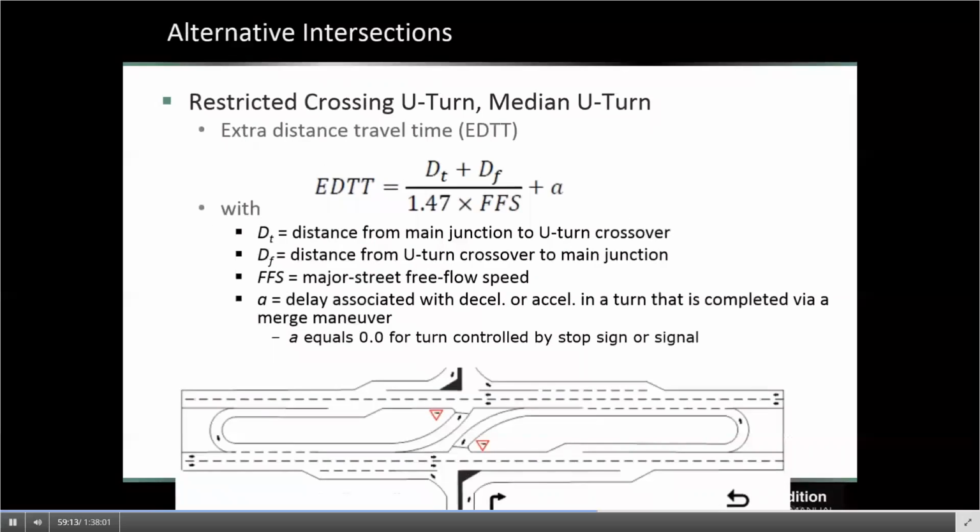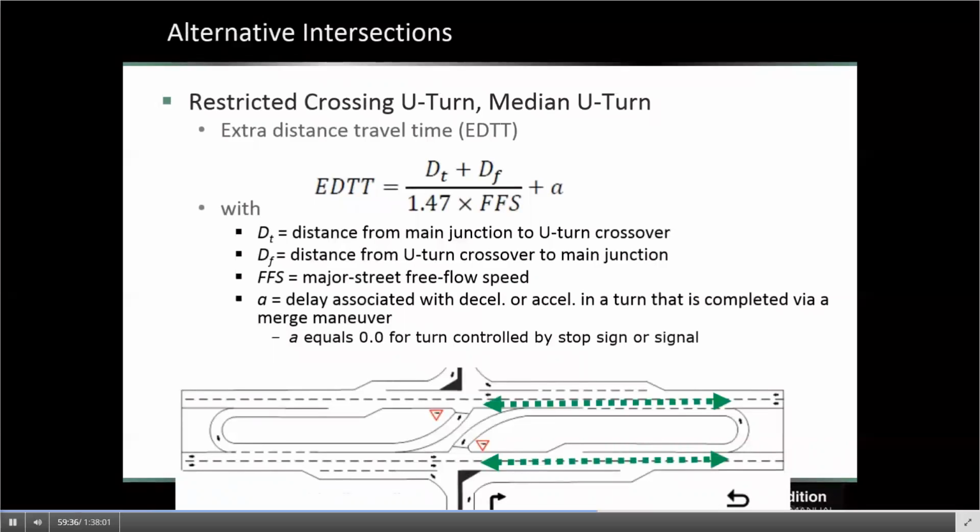So using that framework, here's another example of the EDTT, the extra distance travel time. In order to estimate how long that is, you have to calculate these two distances, D sub T, which is the distance from the main junction to the U-turn crossover, and then D sub F, which is the reverse direction. Typically, those two are the same.